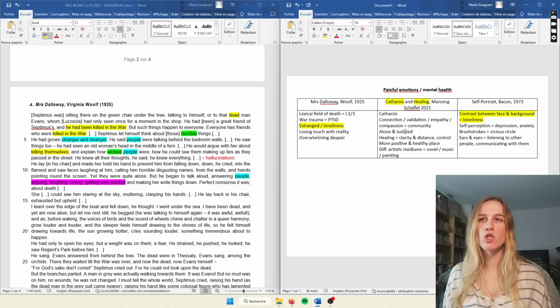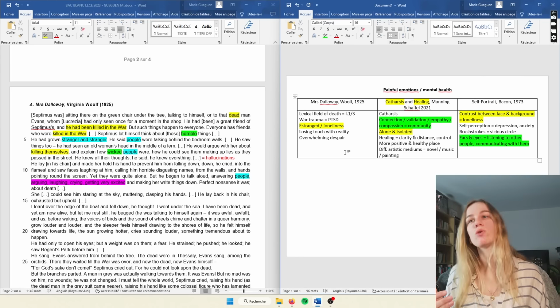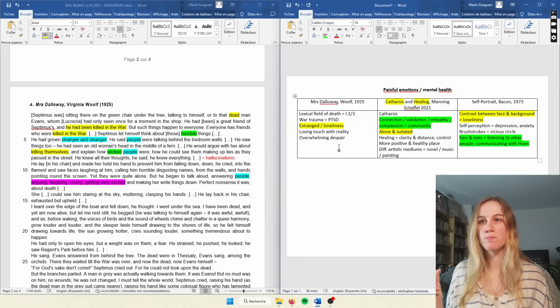But this idea is opposed by the notion of compassion and community once you are expressing these emotions. So this would be a second element, and we also have it in the last document. So here what could be interesting is to have a look at the first document and see if you can find elements of community and compassion and empathy in the first document.